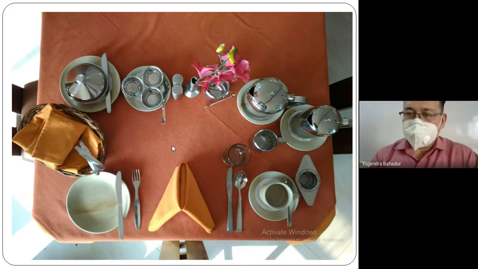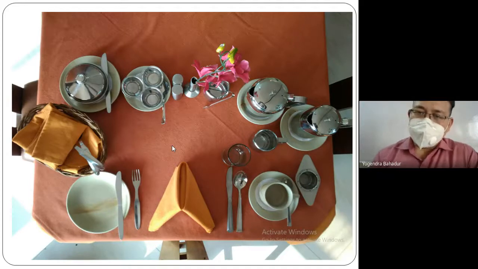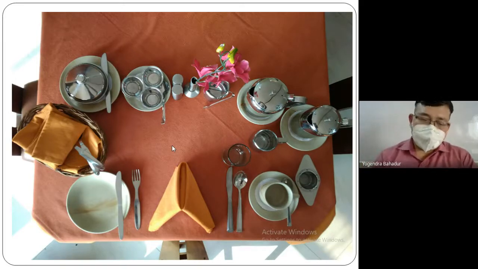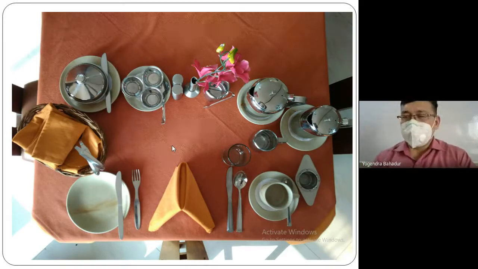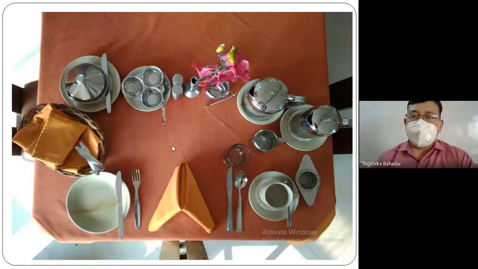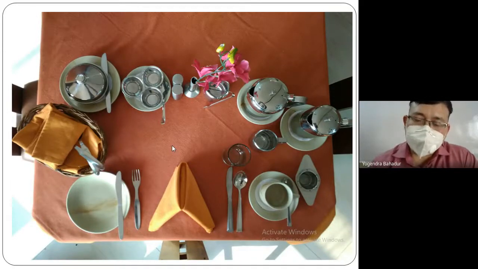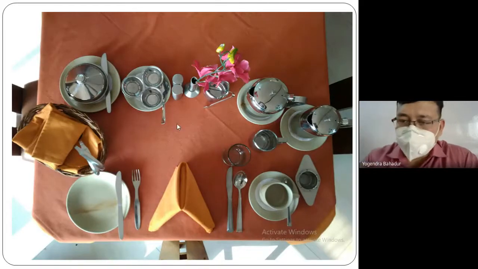The second variation is that we have removed the dessert spoon and dessert fork, assuming most Indians don't like to have too much sweet, whereas most Americans generally want to have pancakes with three different types of syrups, like maple syrup, strawberry crush and honey. Most Indians don't like too much sweet in their breakfast timing, so we have removed the dessert cutlery.